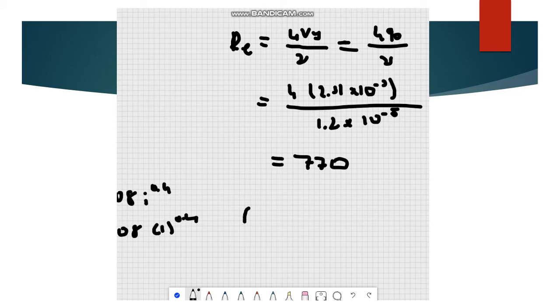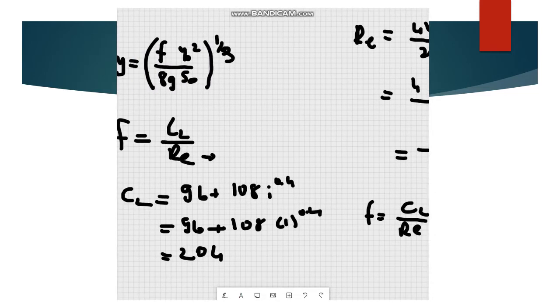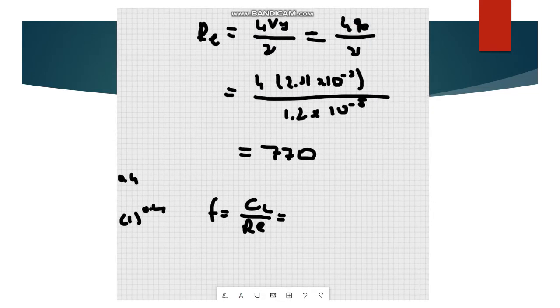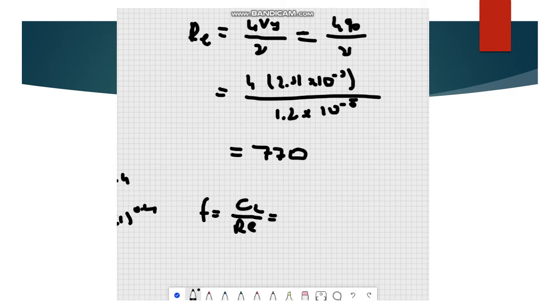What is f? f was CL over Reynolds number, so it's 204 over 770, which is 0.265.